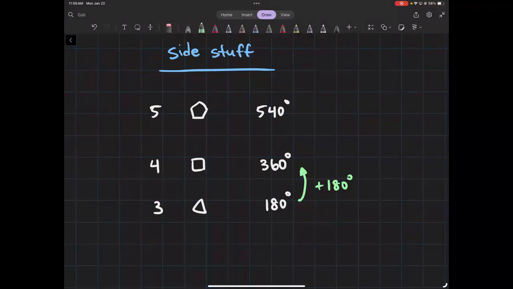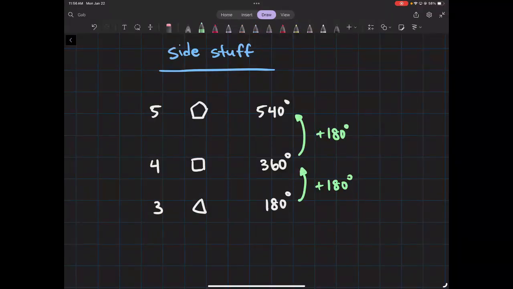And from the quadrilateral to a pentagon, how much are you adding? What's the next step? 180, right? It's the same exact number, yeah?